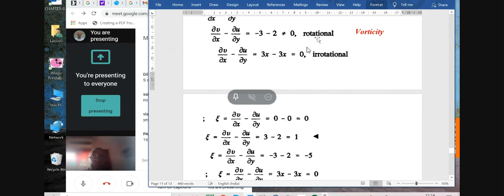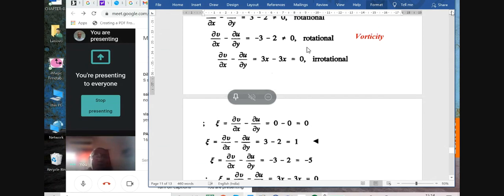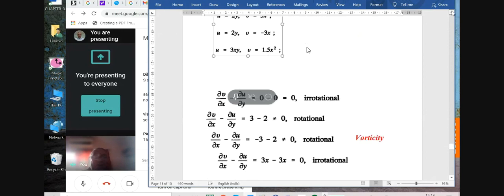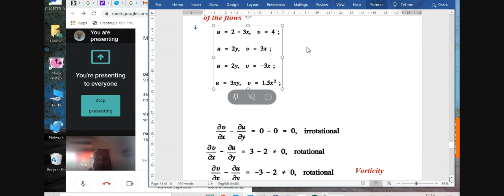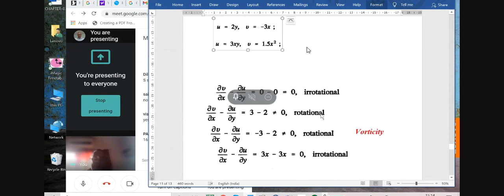So you can see for the second case and third case the flow is rotational. See here, this is rotational.